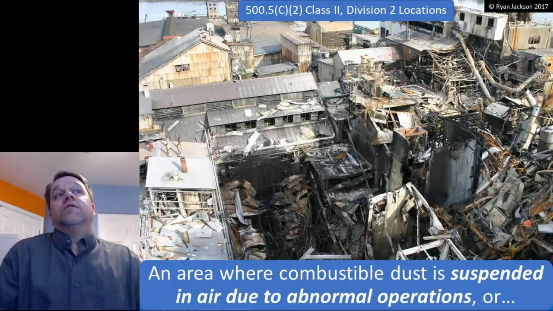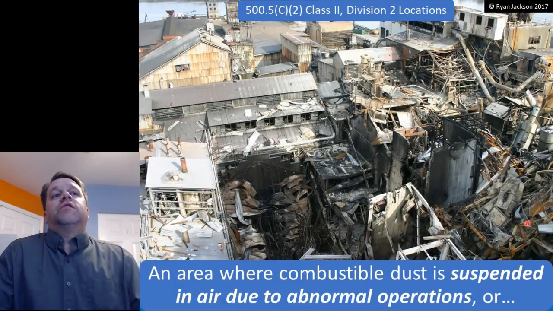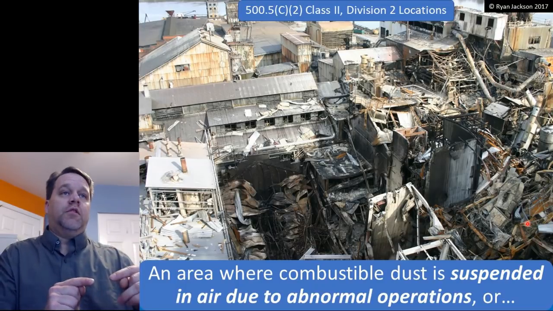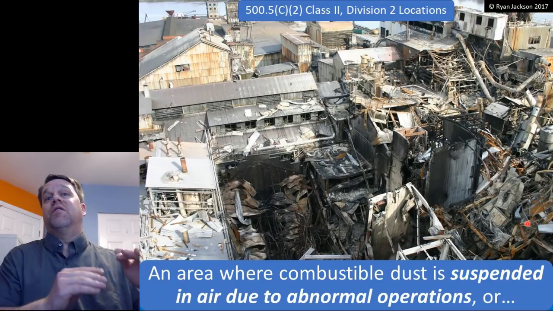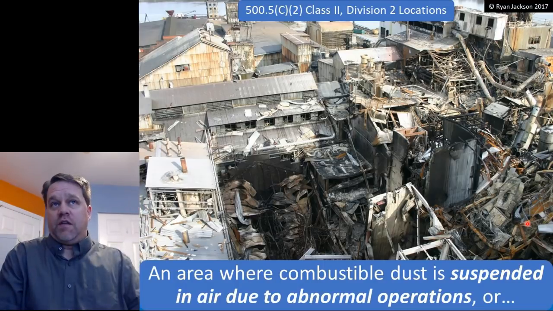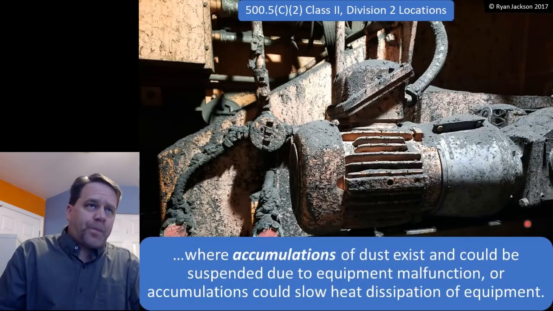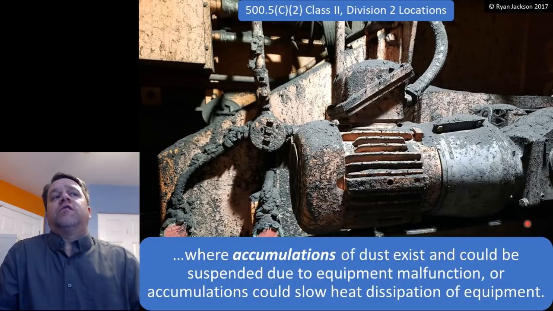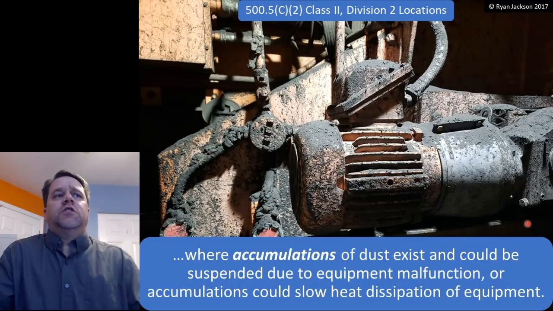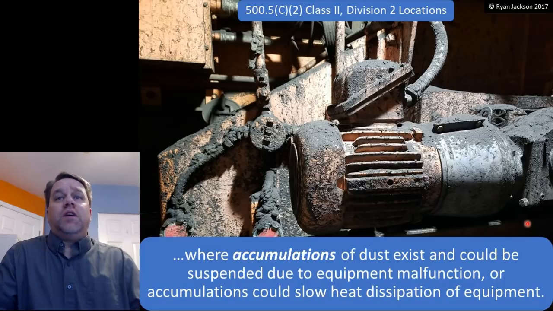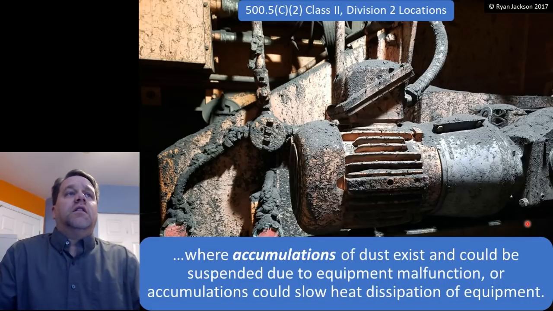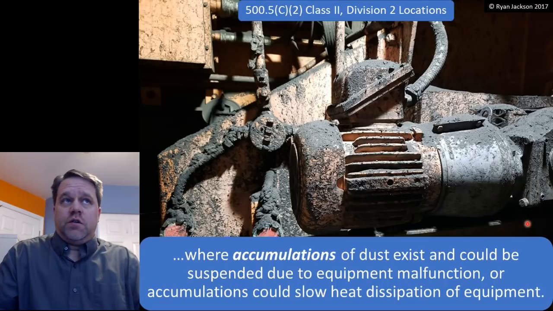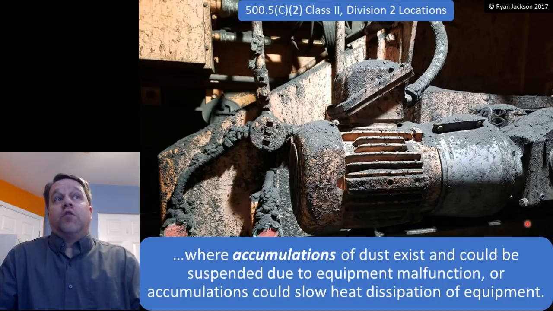A Class 2 Division 2 location is an area where combustible dust is suspended in the air due to abnormal operations, right? So something goes wrong and then it suspends the dust. Or where accumulations of dust could exist and could be suspended due to equipment malfunction, or accumulations could slow heat dissipation of equipment. This is a photograph from a Class 2 location that was classified due to the presence of coal dust.